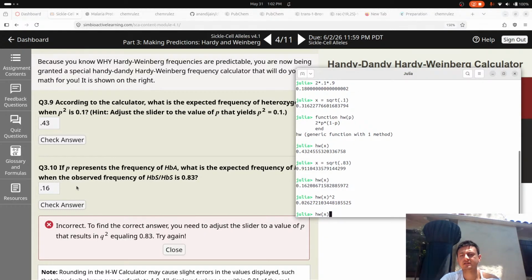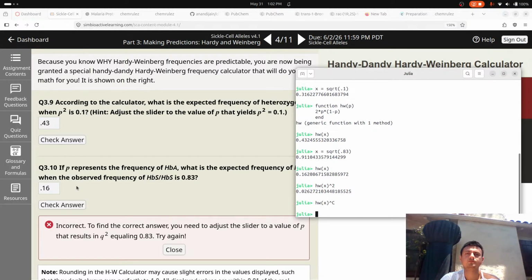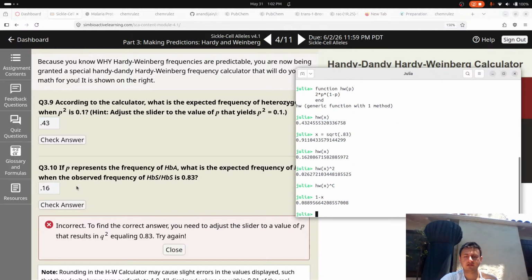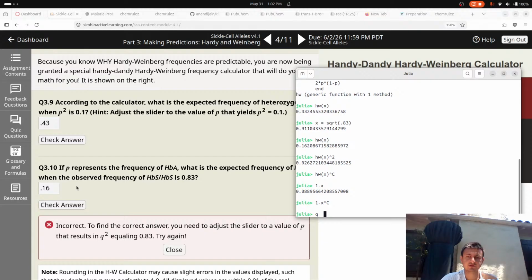Wait. This gives the. Oh, okay. Wait. Hold on. No, no, no. Wait. Q squared equals S. So q, so 1 minus square root. Okay, 1 minus X. No, wait. Q is equal to square root 0.83.